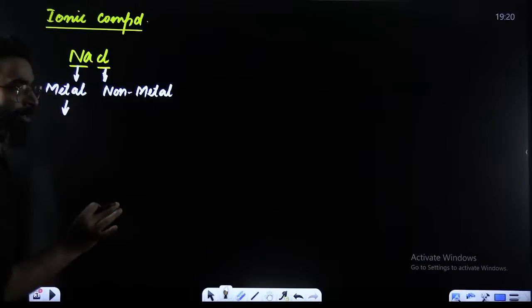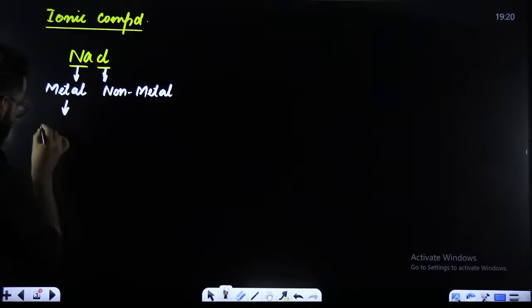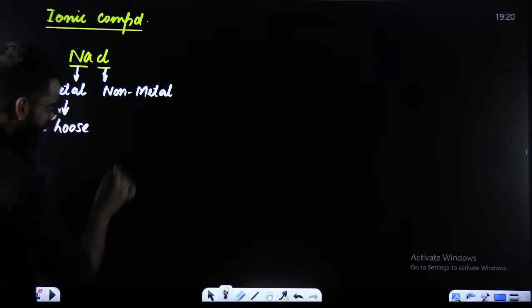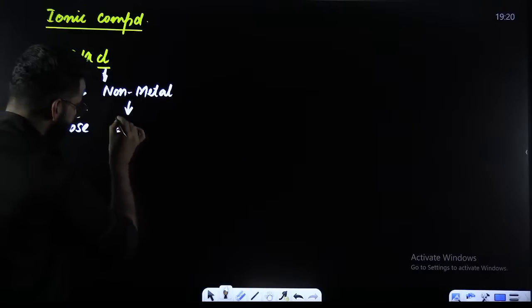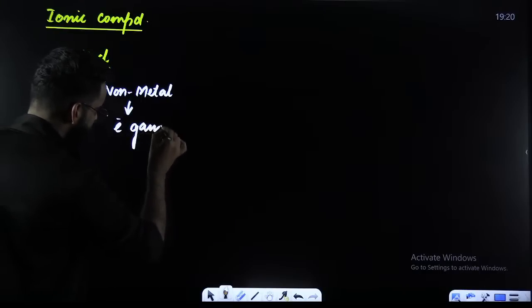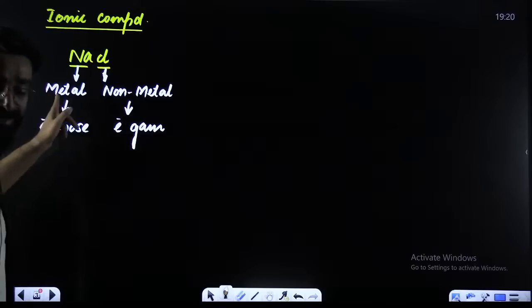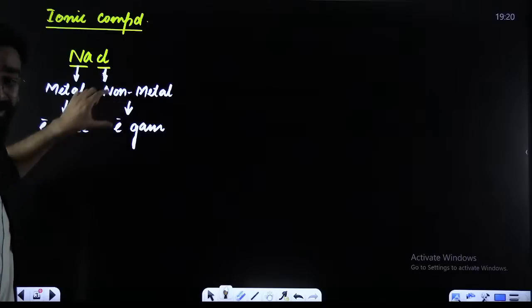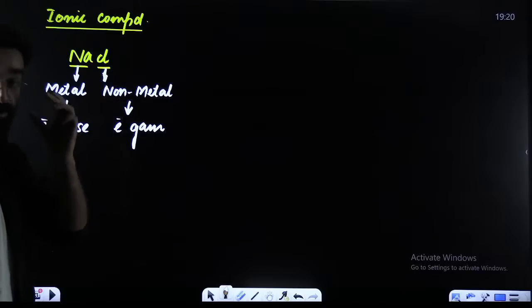As you must know, metals have a strong tendency to lose electrons, and non-metals have a strong tendency to gain electrons. So sodium, being a metal, has a strong tendency to lose electrons, and chlorine, being a non-metal, has a strong tendency to gain electrons.